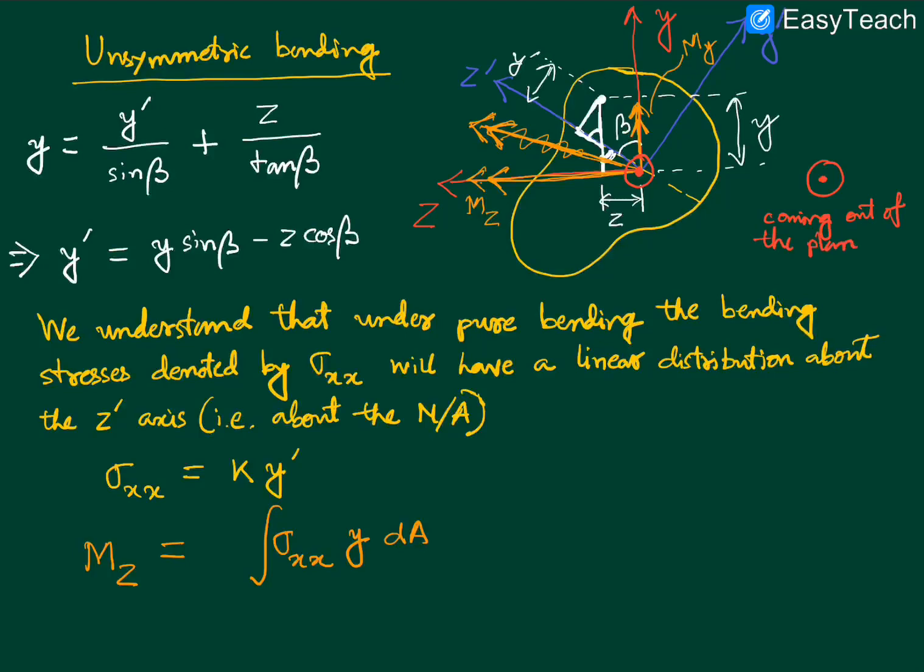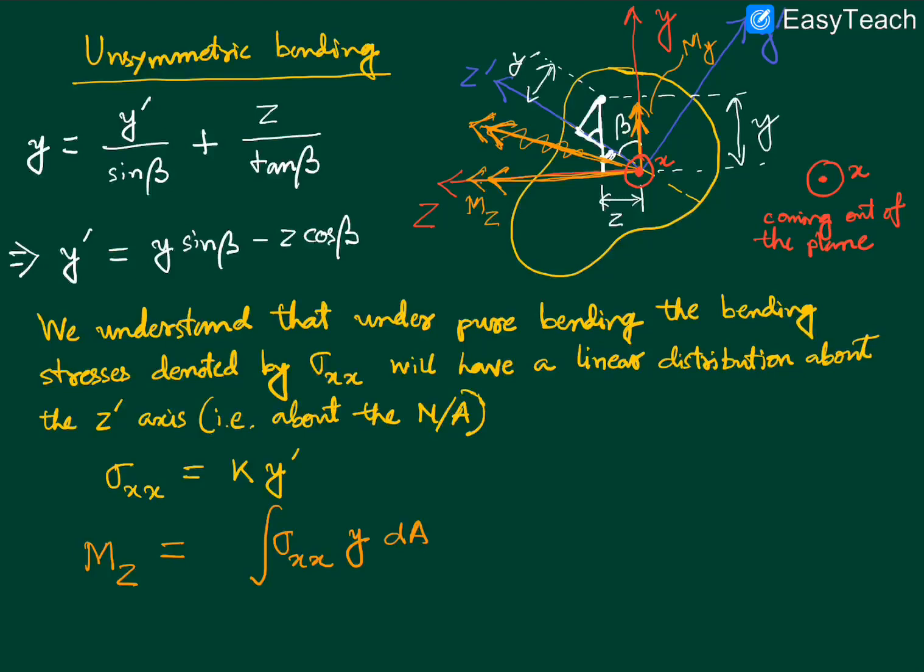This denotes that the x-axis is coming out of the plane. So this is my x-axis. Now, because my x is pointing out of the plane, by sign convention, the positive convention of sigma xx would also be out of the plane.